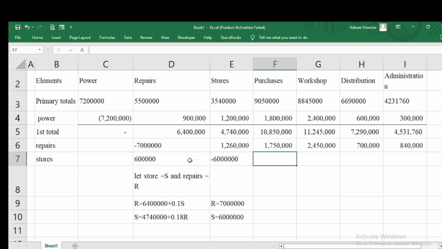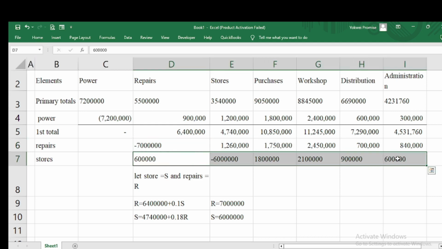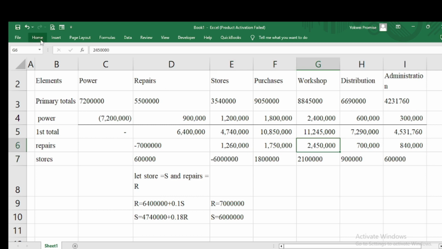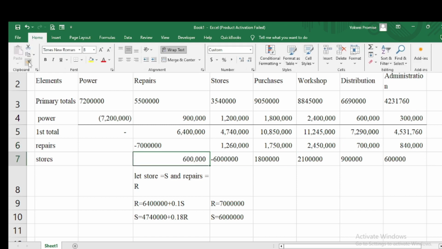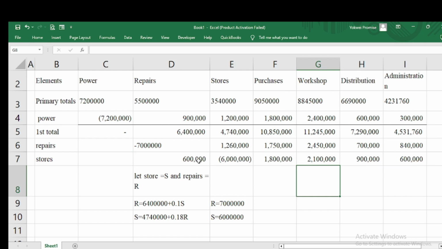All right, 1,800,000, 2,100,000, 900,000, 600,000. All right. Exactly.